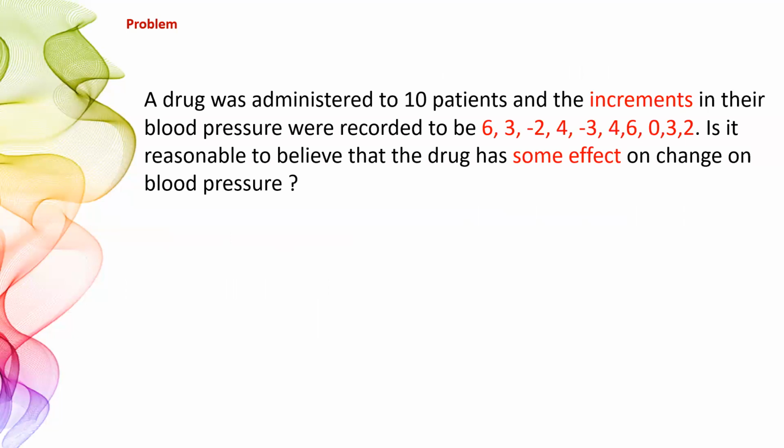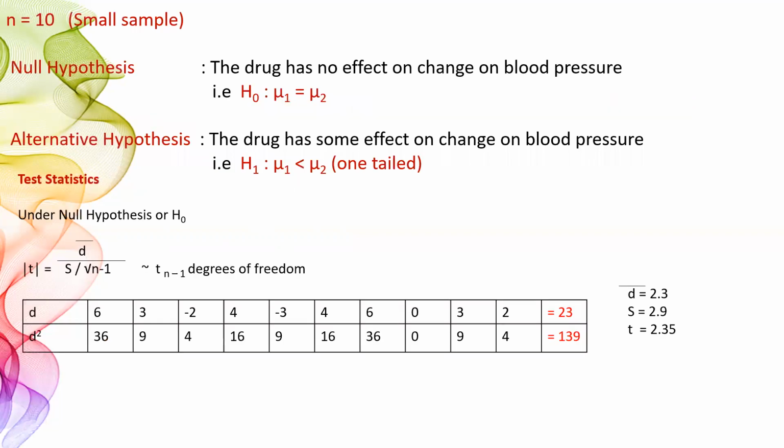Here the problem is: a drug was administered to 10 patients and the increments in their blood pressure were recorded to be 6, 3, minus 2, 4, 3, 4, 6, 0, 3, 2. Is it reasonable to believe that the drug has some effect on change in blood pressure? Here, the problem itself asks about the increment value.